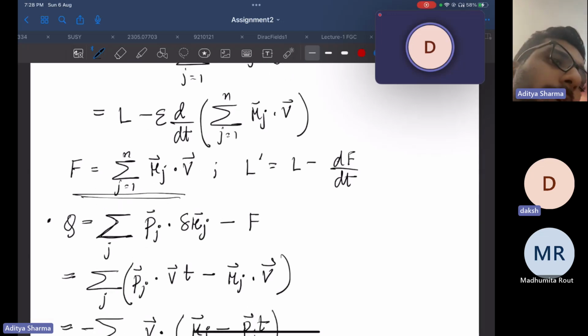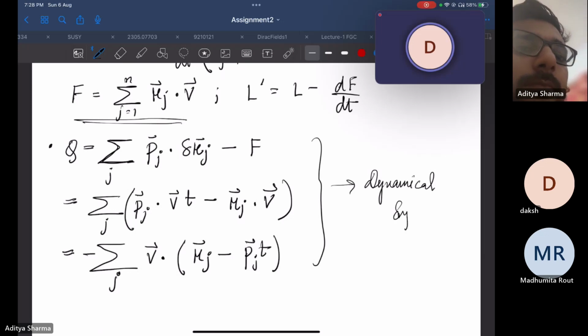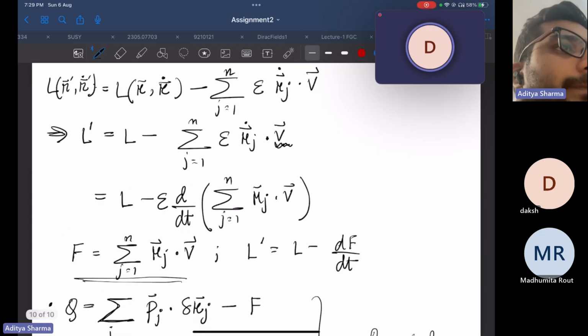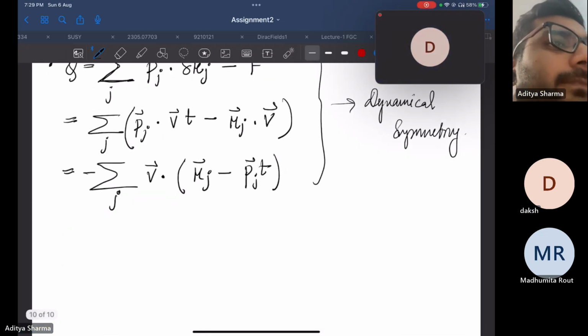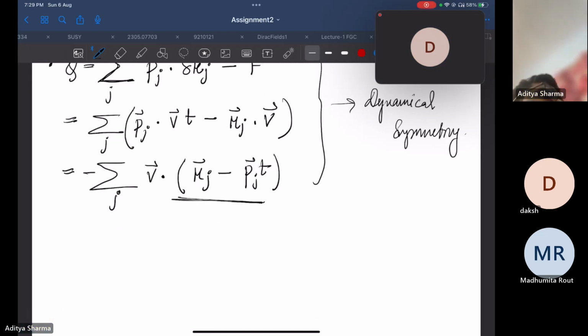So this is an example of dynamical symmetry. Great. So what is the interpretation of this? We found this is a constant of motion, but what is this?